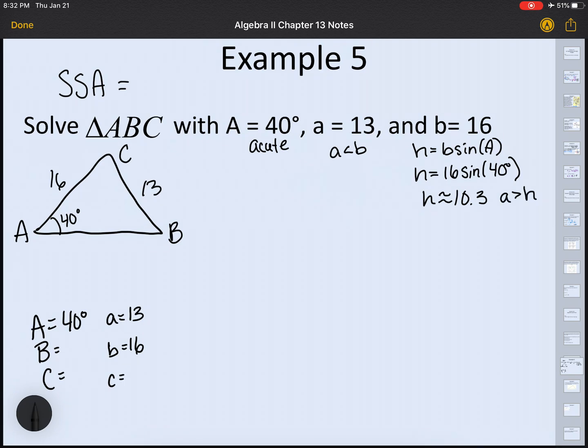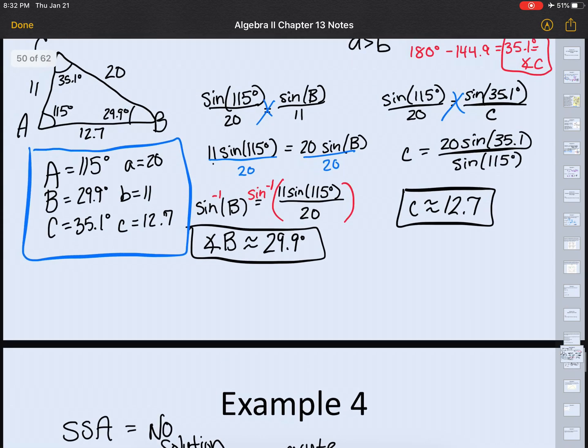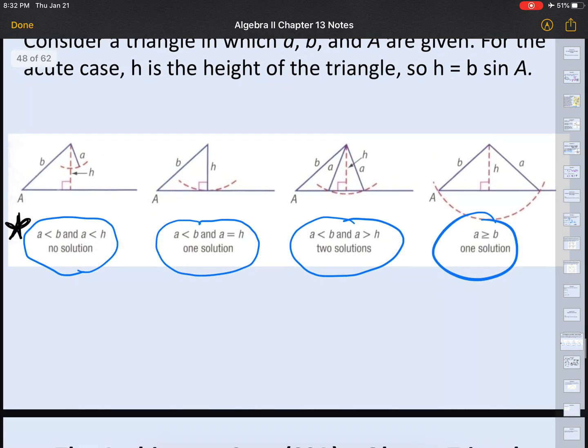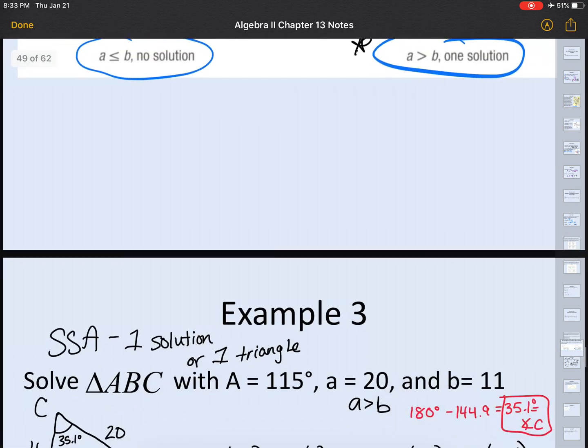So we're going to look for those criteria up above in the chart. So our acute angle, A is less than B, but side length A is greater than the height. So that has two solutions to it. So we're going to actually need two triangles in this case.